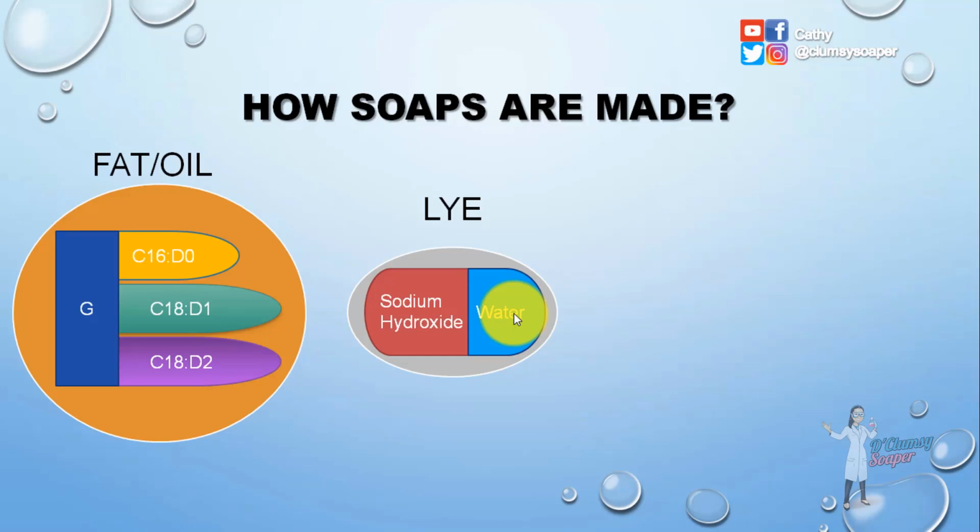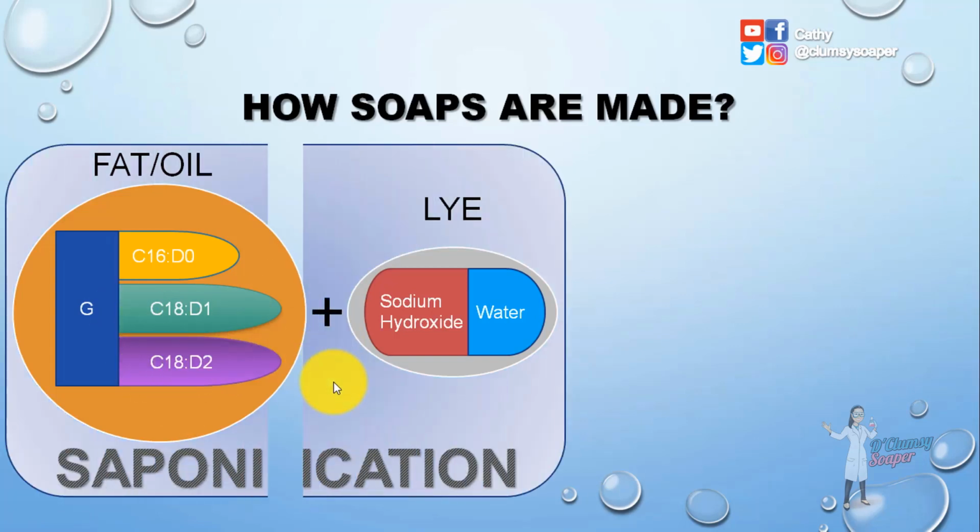Let's say water is this color, light blue, and then sodium hydroxide is red, and we have here blue, yellow, green, and violet. So if we combine fats and oils together with the lye, the whole process is called saponification.